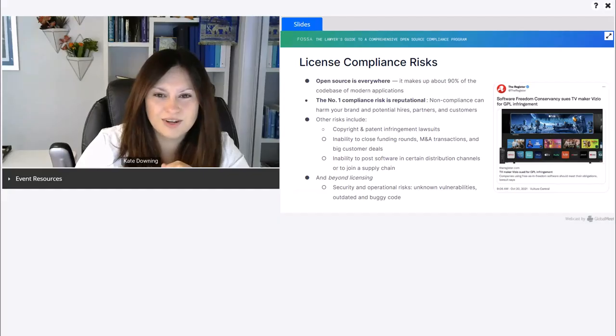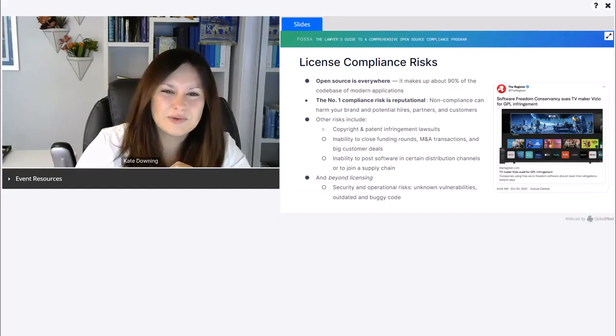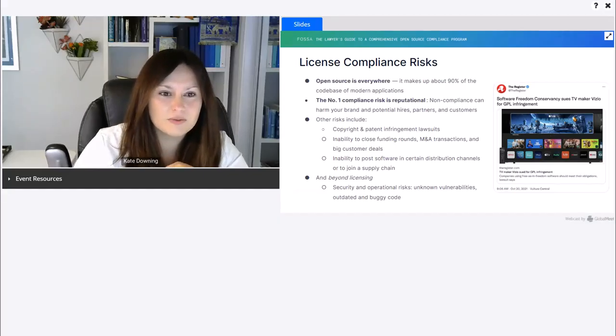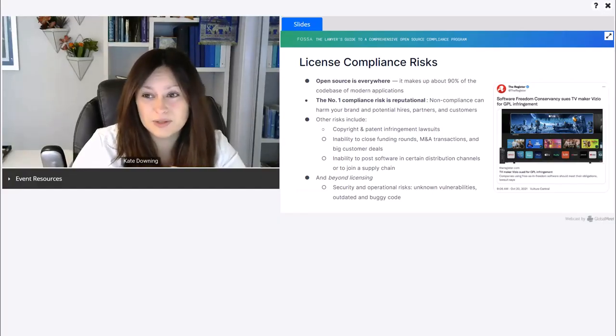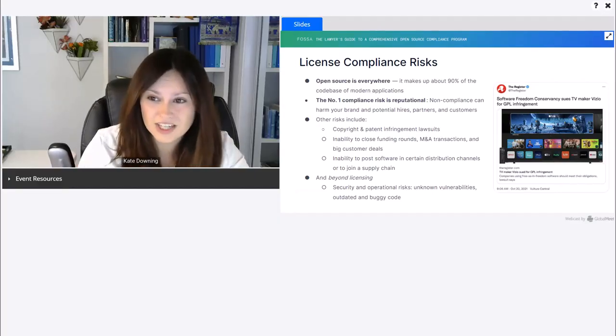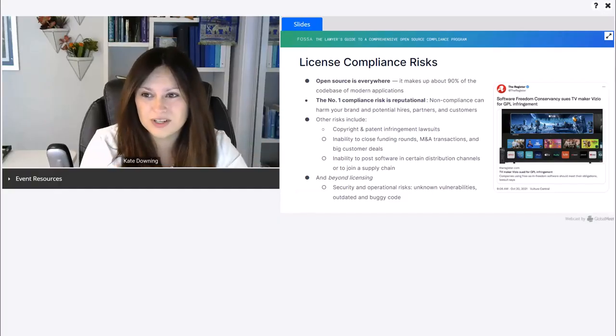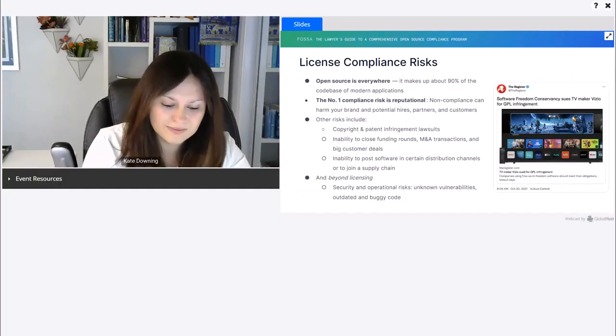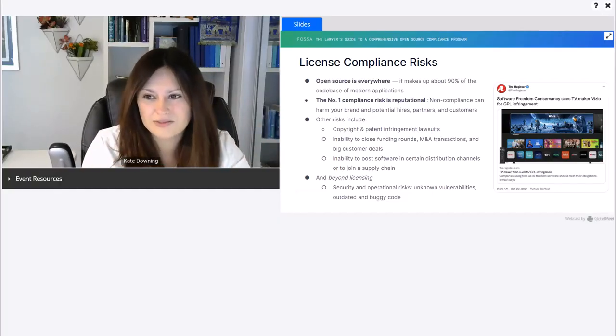So, license compliance risks. No one would be doing license compliance if it weren't risky in some way, if they weren't trying to reduce a risk and provide benefit to the company by reducing that risk. A lot of people ask me about that risk, and they start out talking like, what are the chances we're going to be sued regarding open source, copyright infringement suits, patent infringement suits?